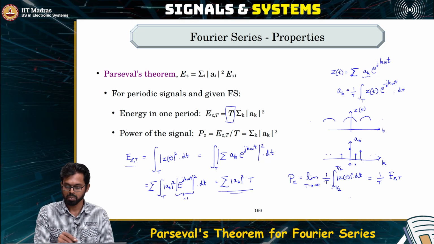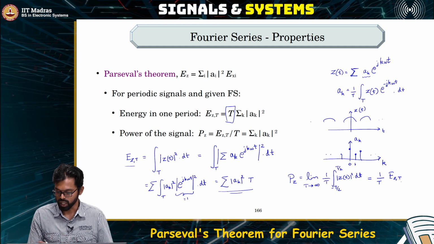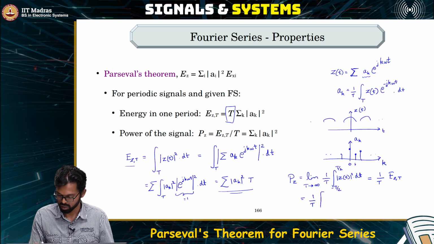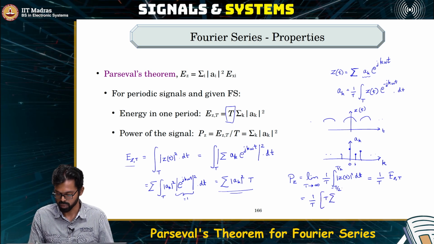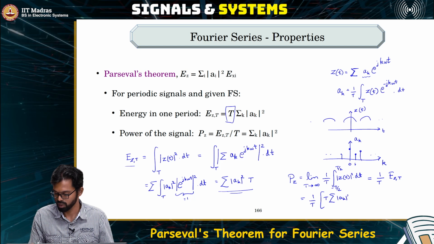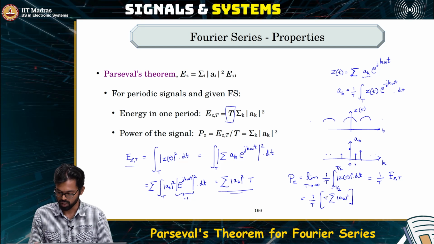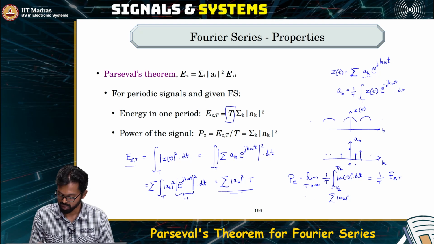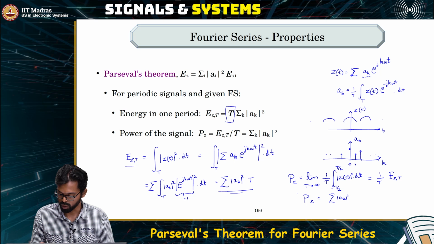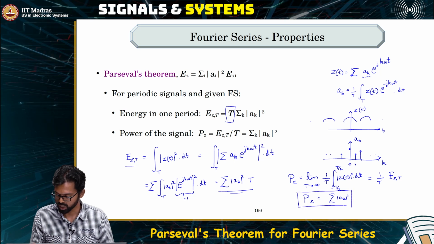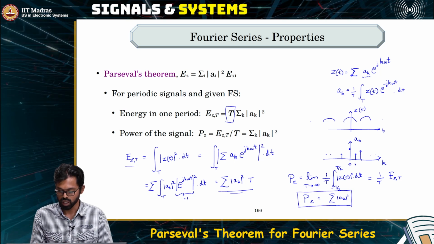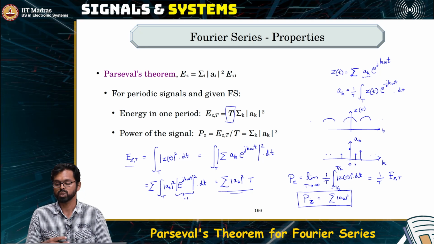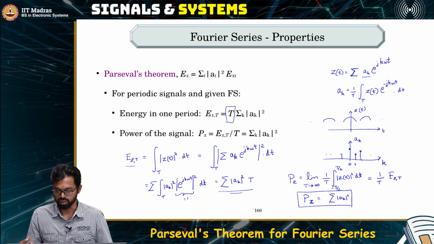And from this Parseval's relationship, we know that this is nothing but 1 by T times T times the summation over all the Fourier series coefficients squared. So we have a very nice relationship between the power of the signal and the Fourier series coefficients for periodic signals. The power of the signal is essentially nothing but the sum of the squared magnitudes of the Fourier series coefficients.